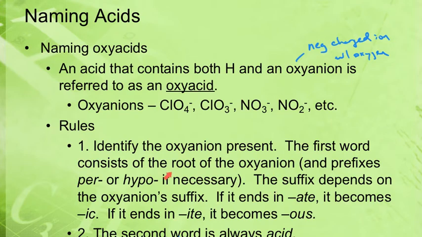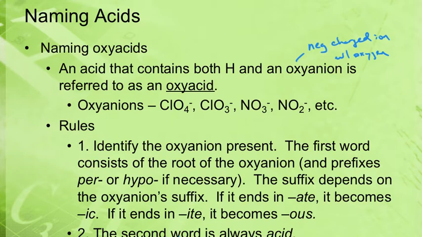It just says the first word consists of the root of the oxyanion. So this is nitrate, so NITR is the root. And then we're going to change it: if the suffix ended in ate, the new suffix for the acid is ic. So NO3 nitrate is going to change to nitric, and the second word is acid. So that one is called nitric acid.